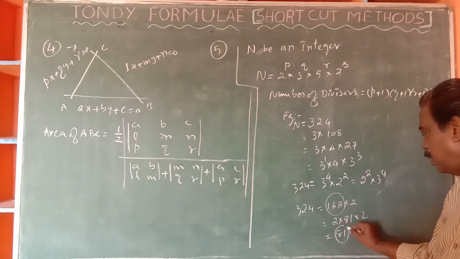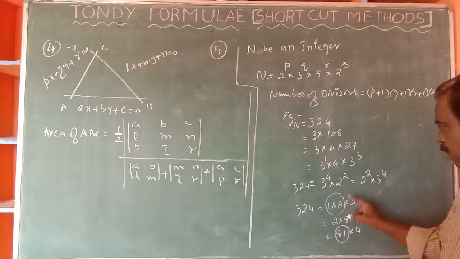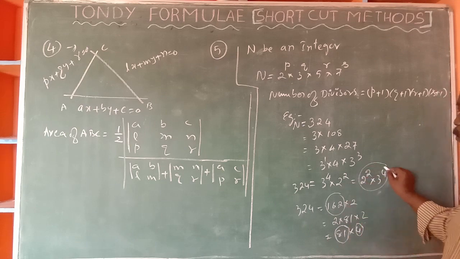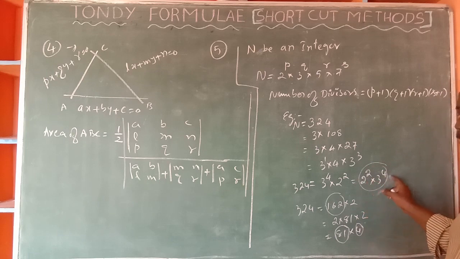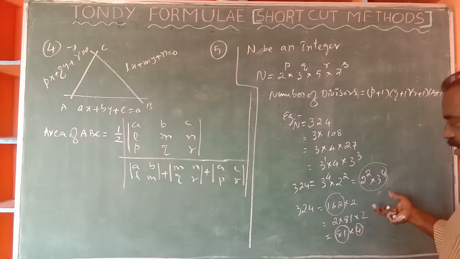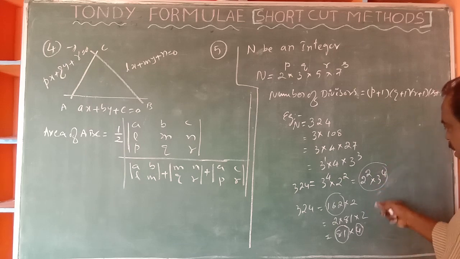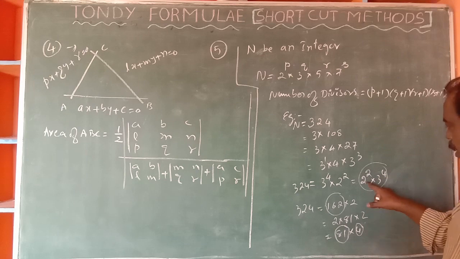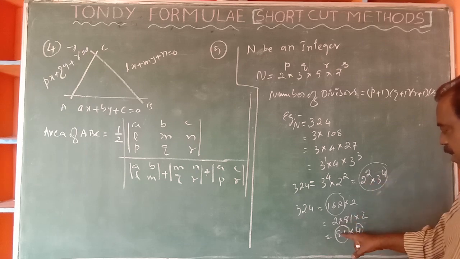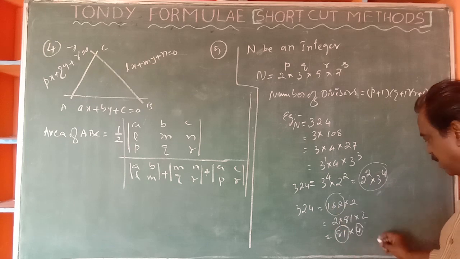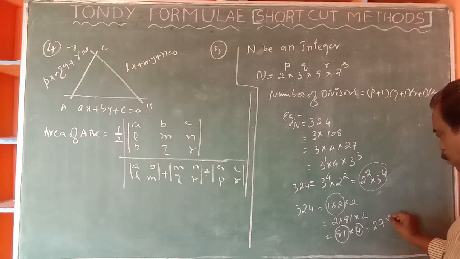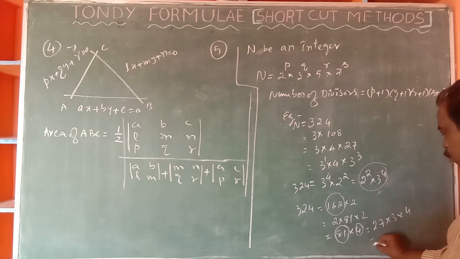So 81 is also a divisor, and 4 is also a divisor. By using this method, we can see only the prime numbers, but all of these are there in this formation. 27 into 3 into 4, so 27 is also a divisor, and 12 is also a divisor.